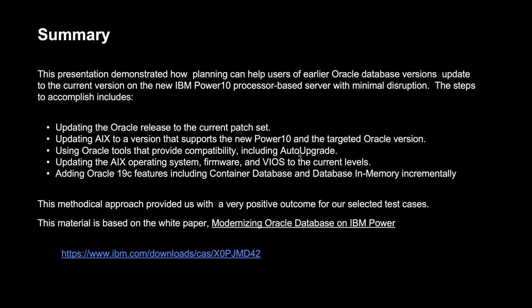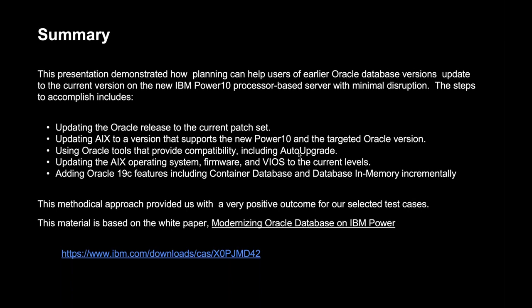Important points that I want to take out of this. We updated the Oracle release we were starting from to the current patch set. In the case of 11gR2, some customers might still be running on 11.2.0.2, 11.2.0.3. We would very much want you to be on 11.2.0.4 and on the current RU.